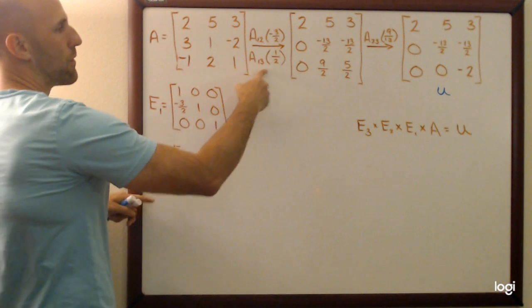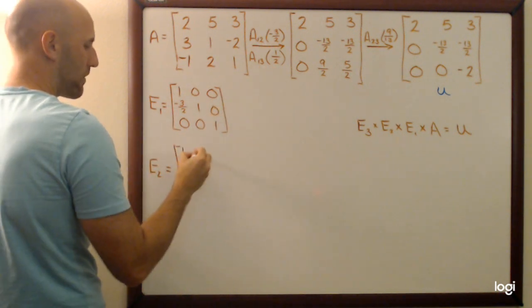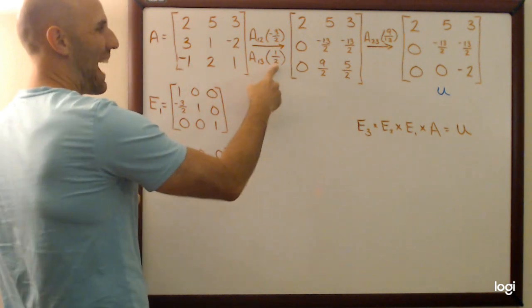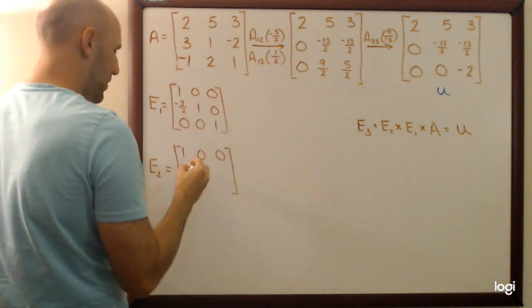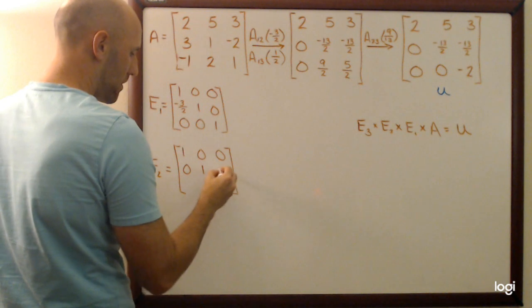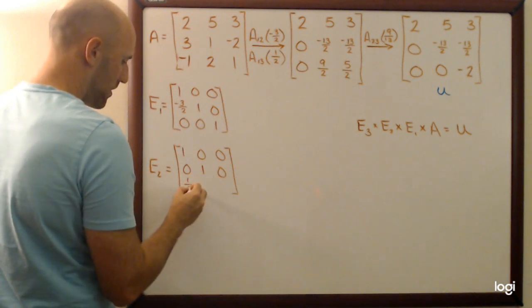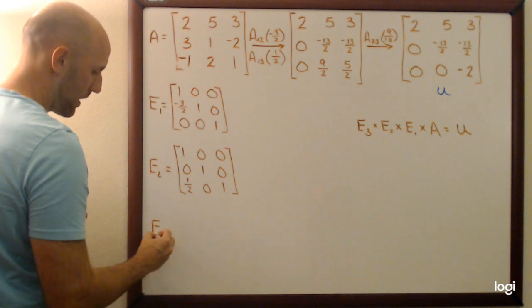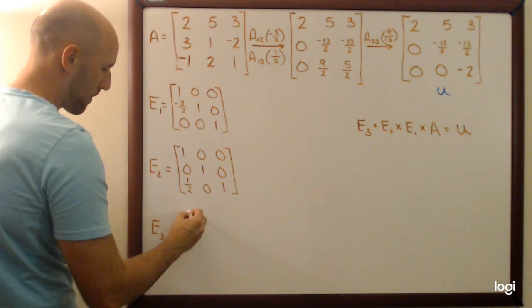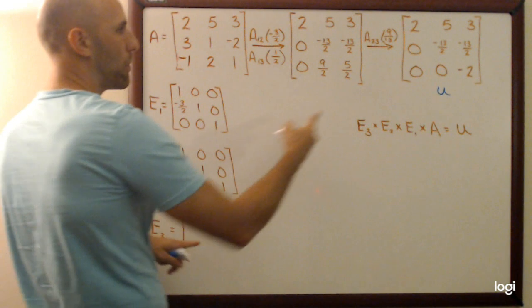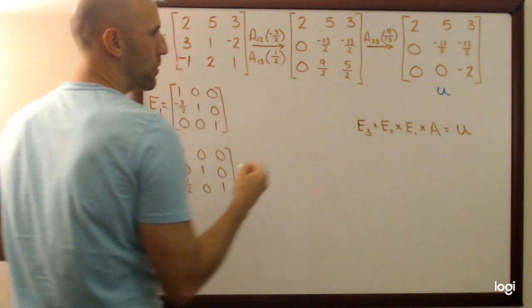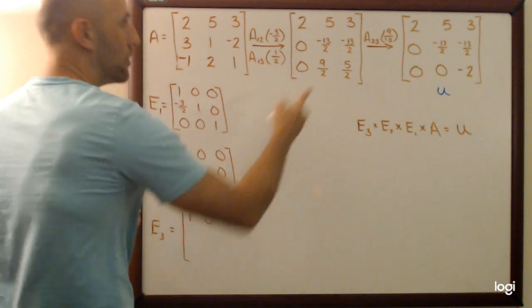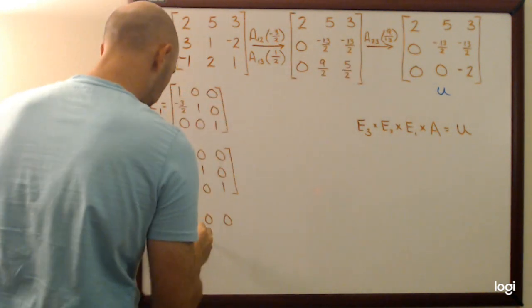E2 was created from A13 1 half. And so this is going to put a 1 half in the 3, 1 position. Right there. That's the 3, 1 position. E3 was created from A23 9/13, so it's going to put a 9/13 into the 3, 2 position.